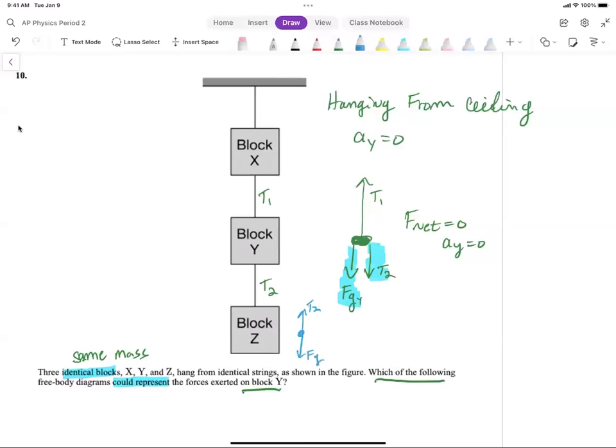Well, they have the same mass. So force of gravity on block Z is the same as T2, which is the same as force of gravity on block Y. So I hope that makes sense. So T1 upward better equal the same magnitude as force of gravity plus T2. So it's longer because I have to have a net force of 0.